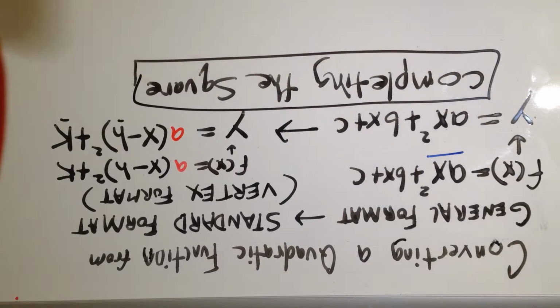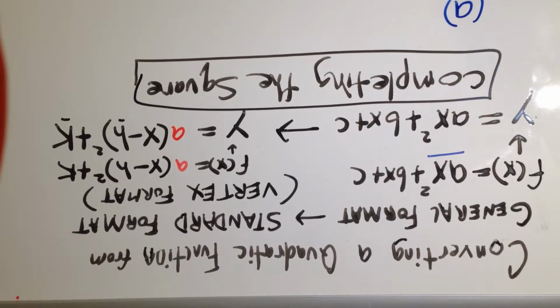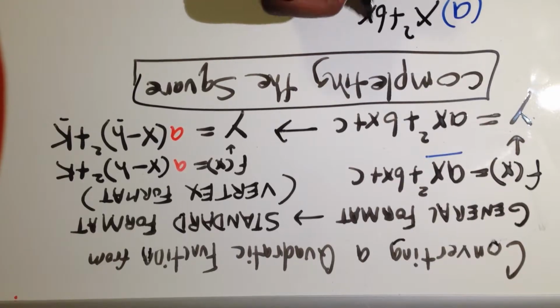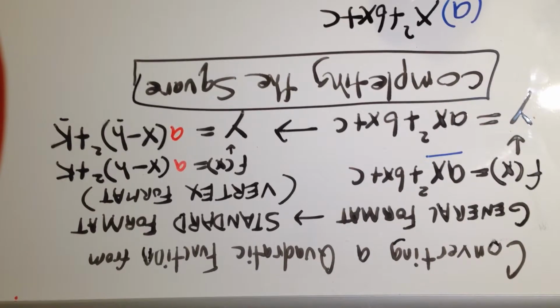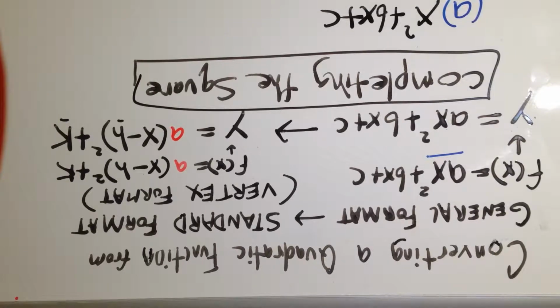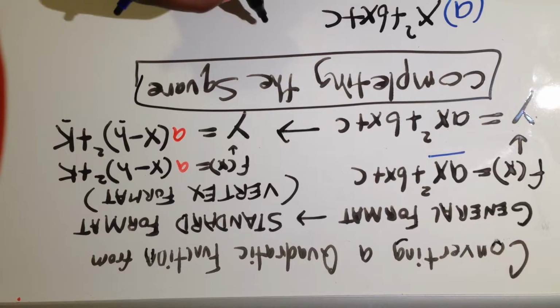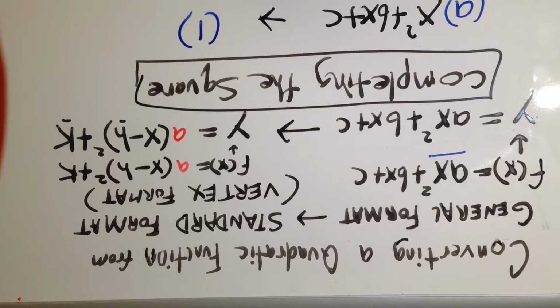There must be an invisible one in front of the whole thing. In other words, the leading coefficient a, in front of x squared plus bx plus c, must be equal to a positive invisible one.